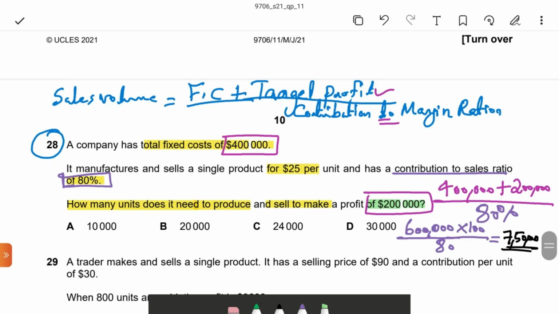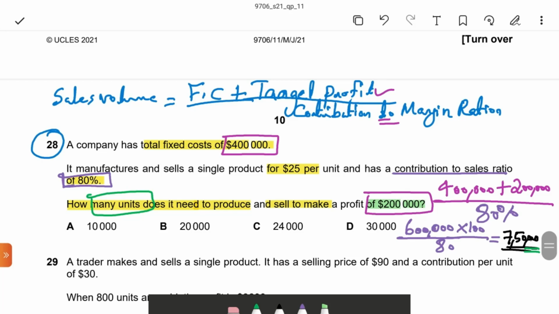So here they are asking how many units we have to produce. This is the total sales we got, 750,000. So how many units will we produce?